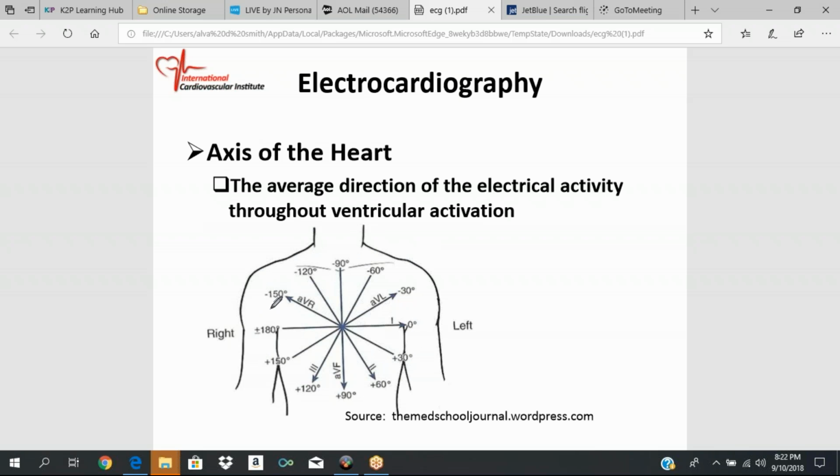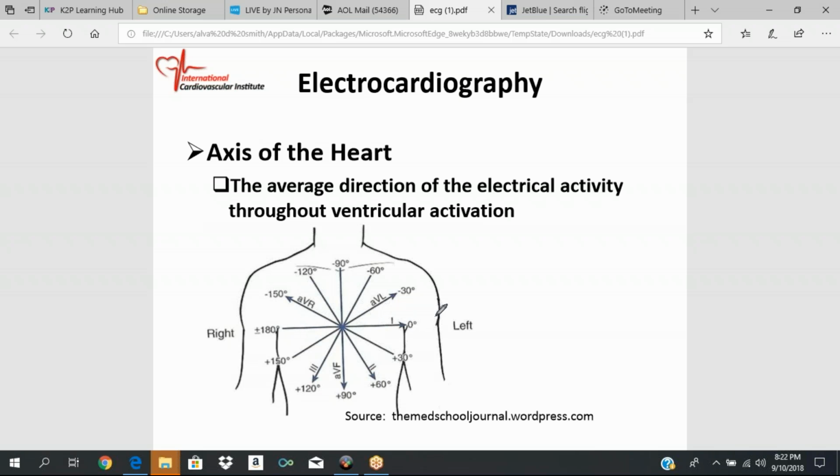Your knowledge of what we did before on ECG is what you're going to apply to what I'm about to impart. Lead one is represented by a horizontal line, and lead one subtends an angle of 0 degrees.